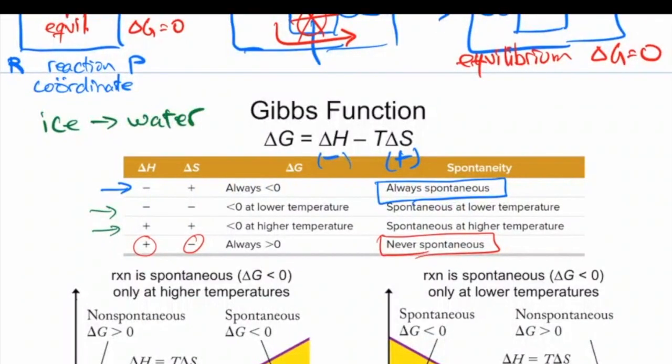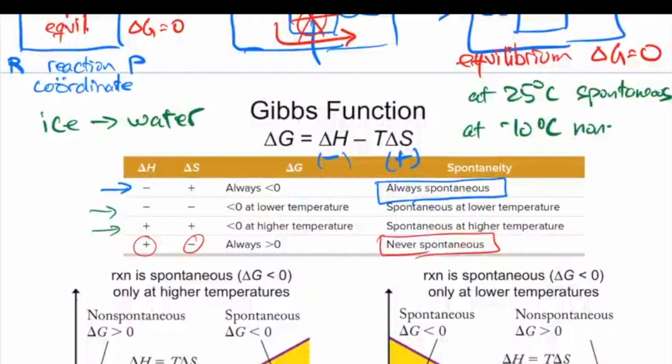We did this discussion. We know that at 25 degrees Celsius, that reaction is spontaneous, right? And at some lower temperature, let's say minus 10 degrees, it's non-spontaneous, right?